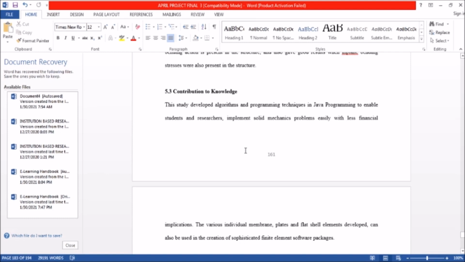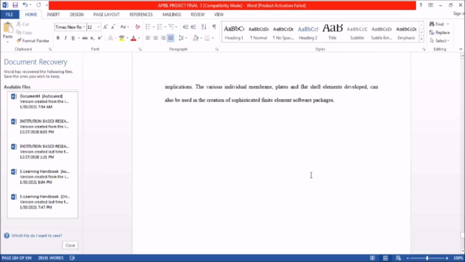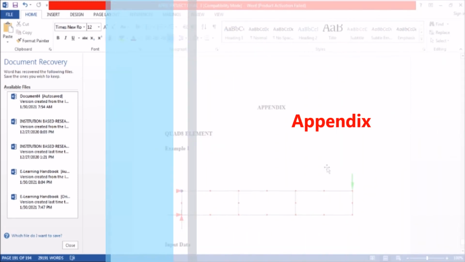This is the year of publication. This is the title of the work, and it was presented under proceedings on aviation conference. This is the journal or the publisher of this work. This is the city of publication, Los Angeles. Then the year. Then the next thing we have to look at is the appendix section of the work.